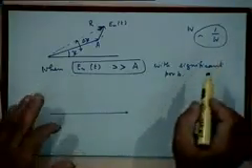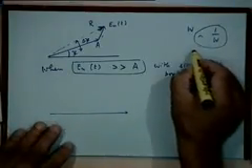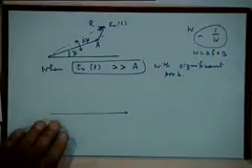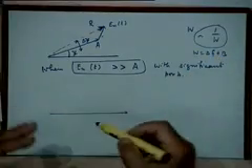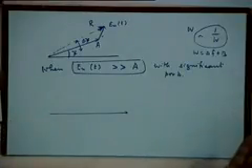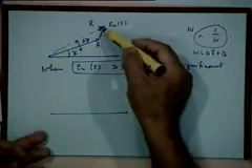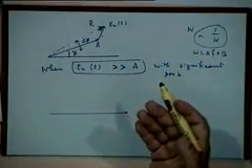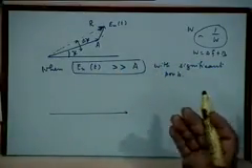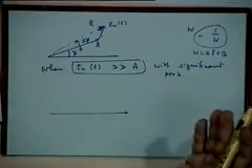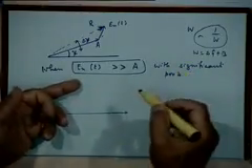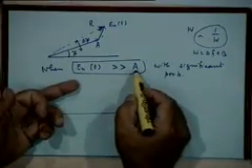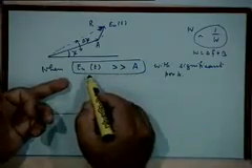A noise spike of duration 1 by W, where W is delta F plus B. Okay, such a noise spike can occur in any case, even when the noise is small, but the probability of this occurrence is going to be very, very small, so we are not concerned about that. But the probability of such a noise spike occurring becomes large when your carrier power is much less than the noise power.